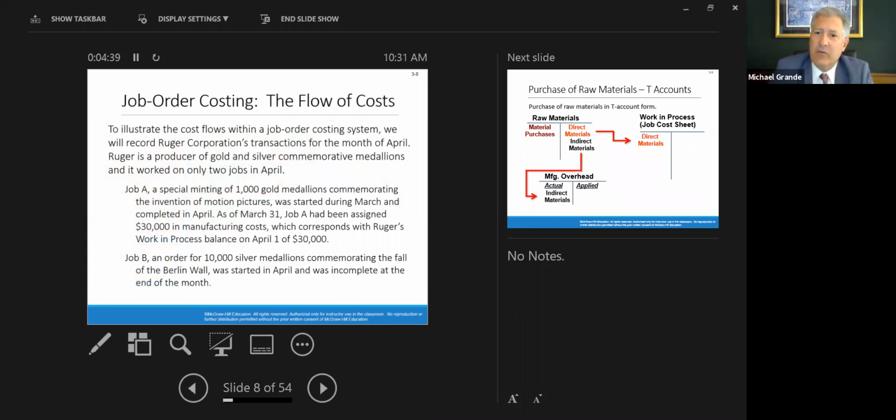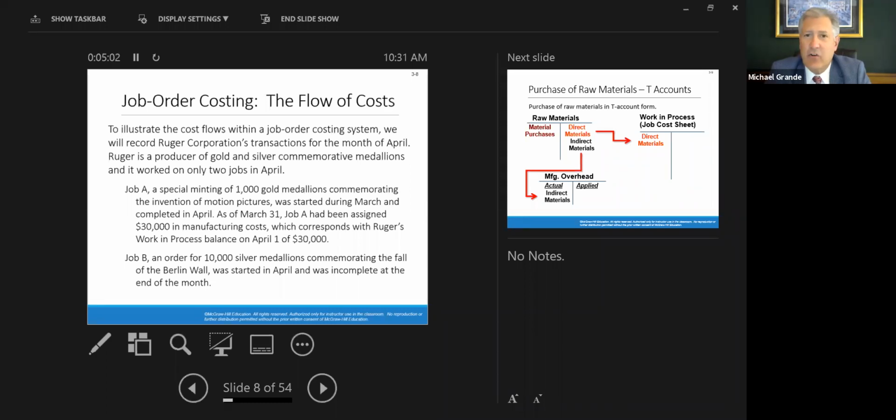Job order costing. This is an extensive problem where we have a company that has two different jobs going on, and we're going to follow the flow of costs through the financial statements, through the general ledger, and there's going to be a bunch of journal entries. This is also an example that's in your textbook that you can follow.